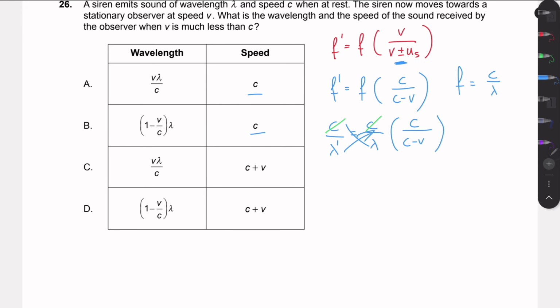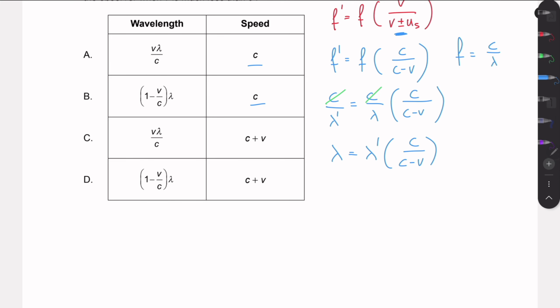Then we find that lambda is equal to lambda dash times c over c minus v. Here I just cross multiplied, and that's how I got this equation.